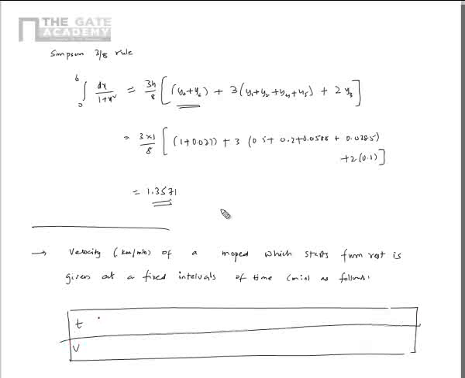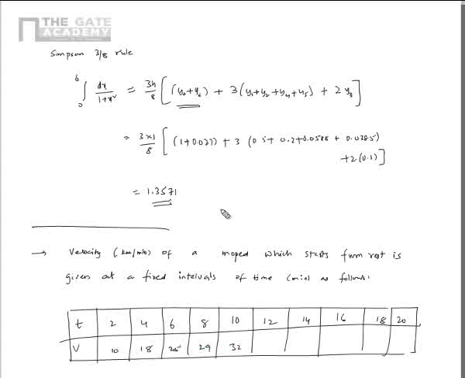So t is 2, 4, 6, 8, 10, 12, 14, 16, 18, and 20. The velocities are 10, 18, 25, 29, 32, 20, 11, 5, 2, and then 0, so it stops at the end.